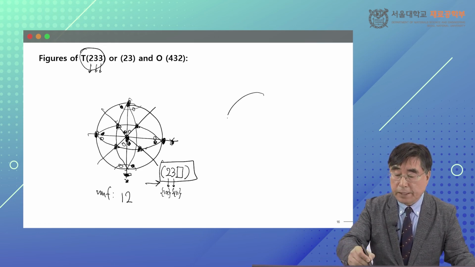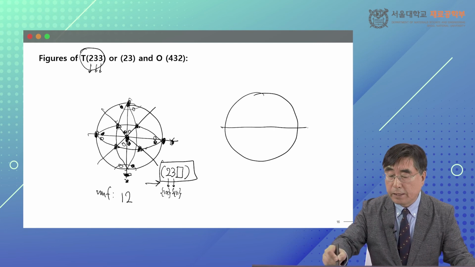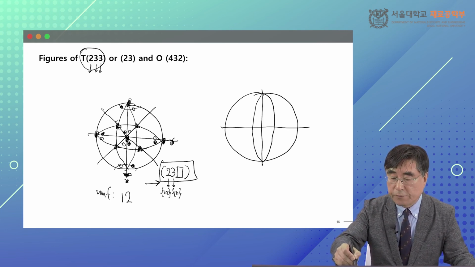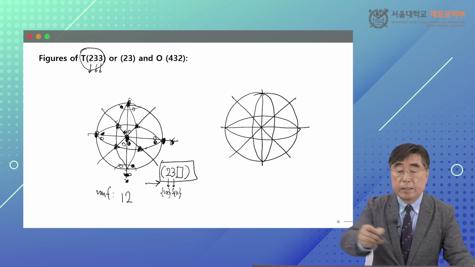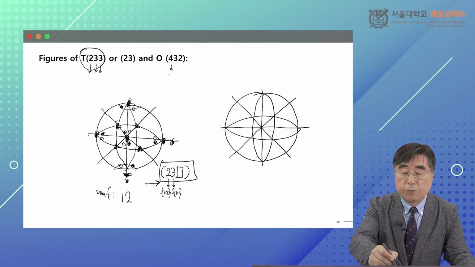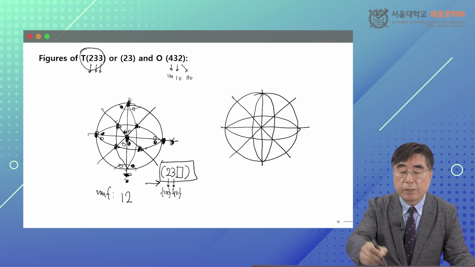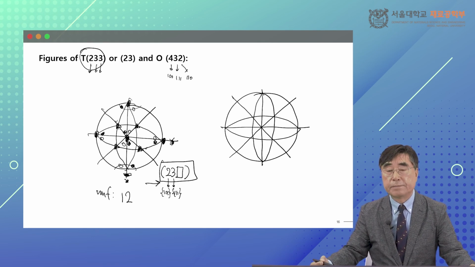432, complicated, again belongs to the cubic. So we start from cubic elements. In this case, this 4 is the 100 axis, the next one 3 is the 111 axis, and the next one, twofold, is the 110 axis in the cubic crystal system.